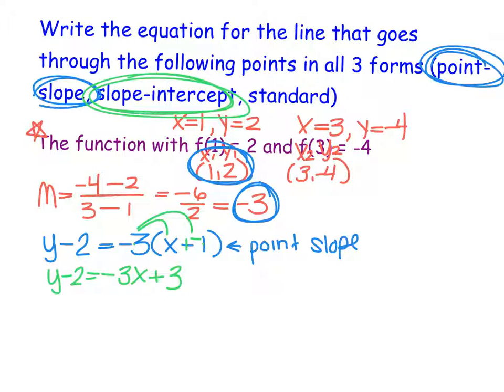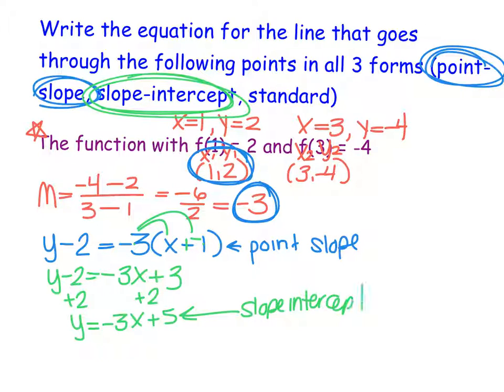Then in order to be in slope-intercept form, I need y to be alone, so I add 2 to each side. So we have y equals -3x plus 5. And that right there is my slope-intercept form, because y is by itself, and I can identify my slope and my y-intercept of that line just from looking at the equation.